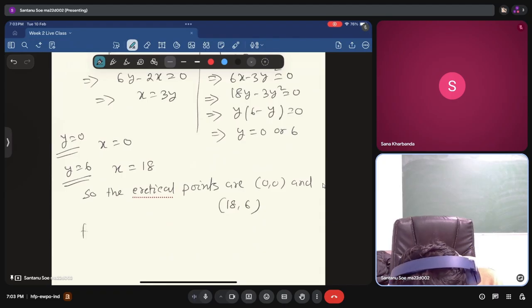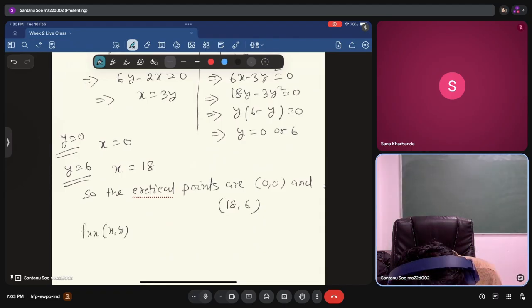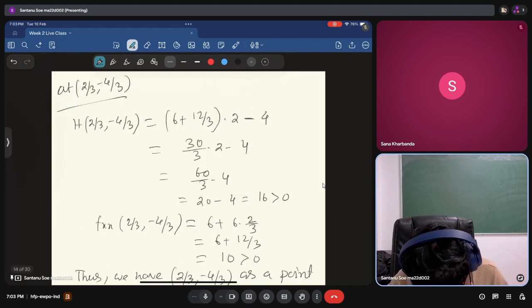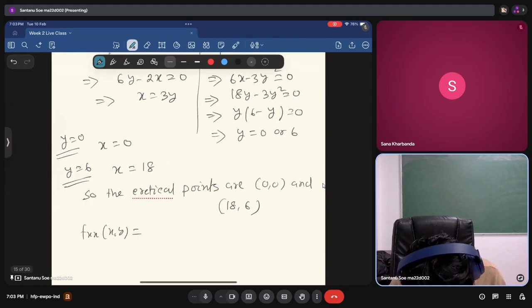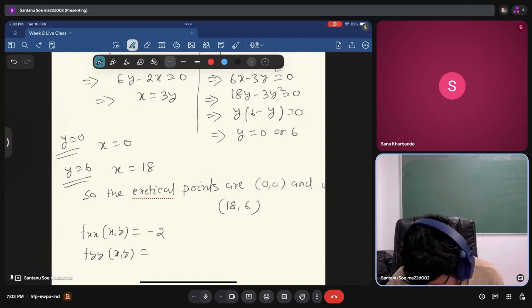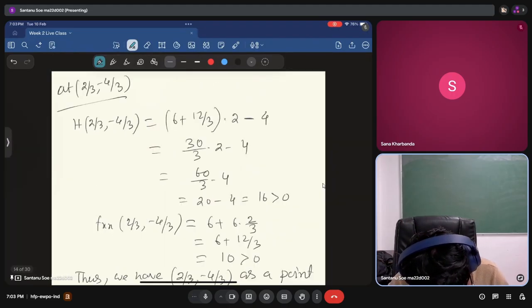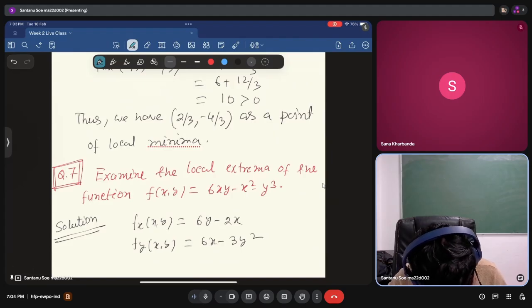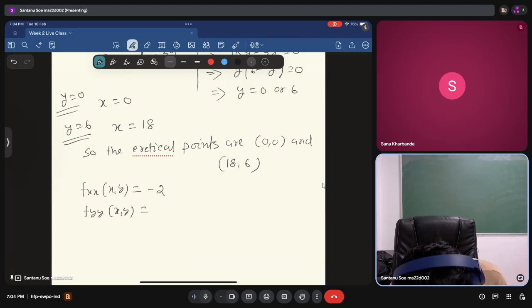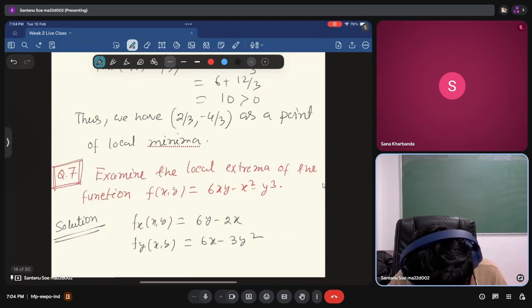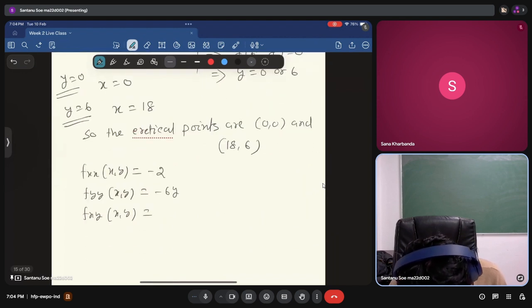So now our fx was 6y minus 2x, so fxx will be minus 2, and fyy of (x, y) was 6x minus 3y square, so it will be minus 6y, and fxy of (x, y) will be 6.